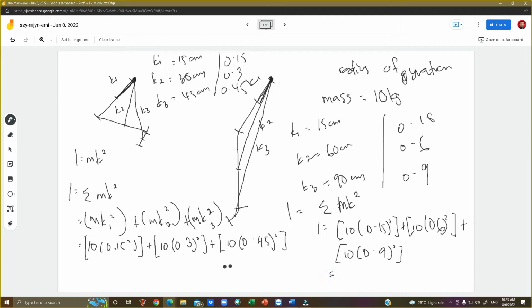Okay, let's solve it. How much moment of inertia do we have here? Let's call them I1 and I2.